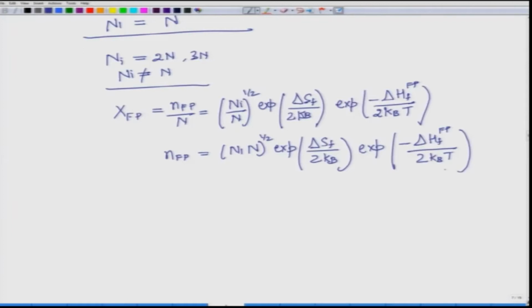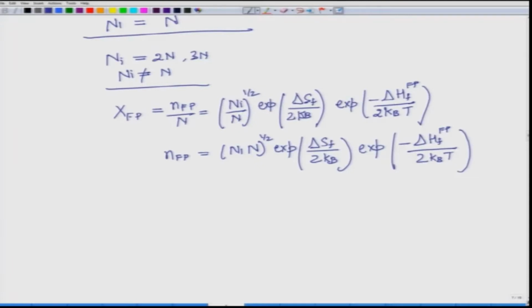So, this is showing you the relation for the number of Frenkel pairs, which is related to Ni and n. Actually, we will derive this relation later on also. So, I am not going into the details right now.